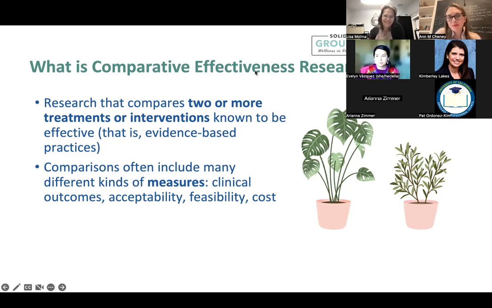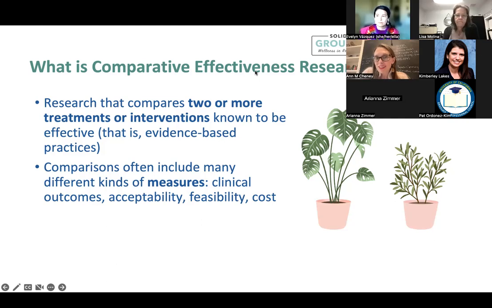Somebody might want to support the more expensive tree, but there may be other reasons for that, like there might be less bureaucracy to go through. Or, in a bad situation, they have a vested interest in selling the olive tree as opposed to the Monstera tree.